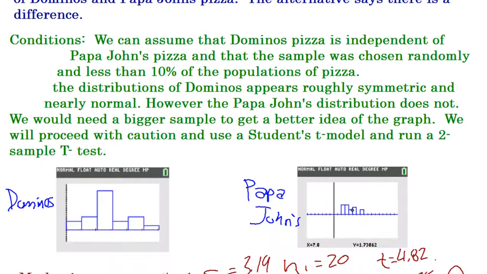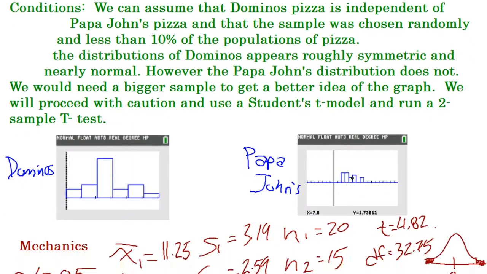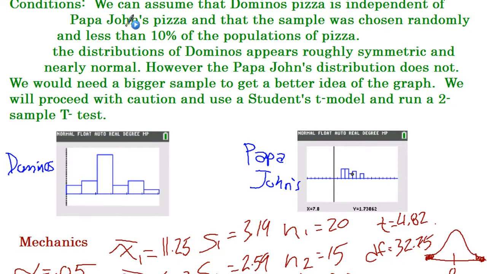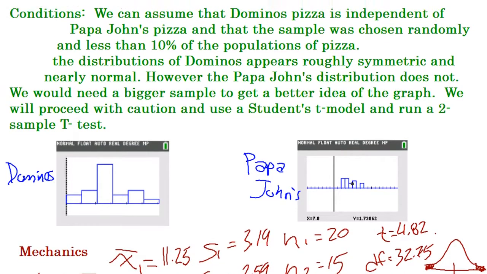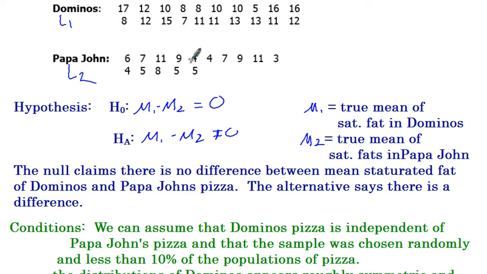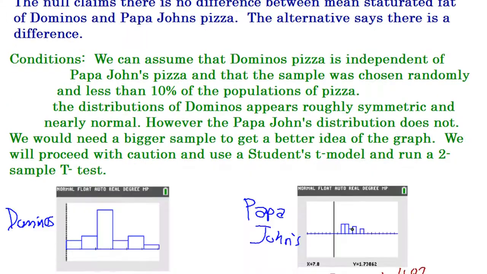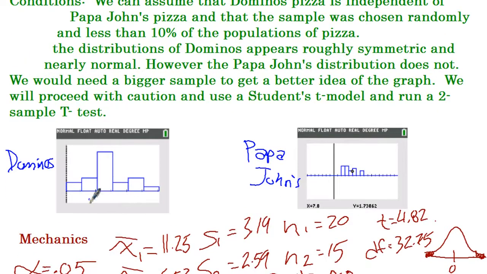So here, what I want to point out to you, because this is a situation where I give you data and I definitely give you less than 30 values for each group, you do have to look at the histograms. The Domino's histogram looked roughly symmetric. That seemed okay.